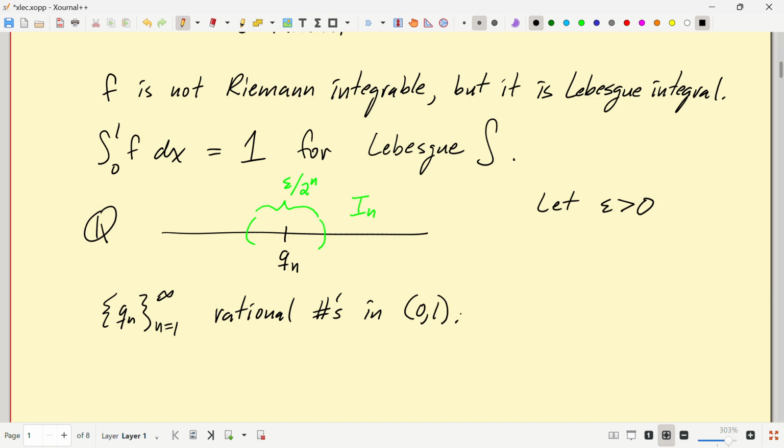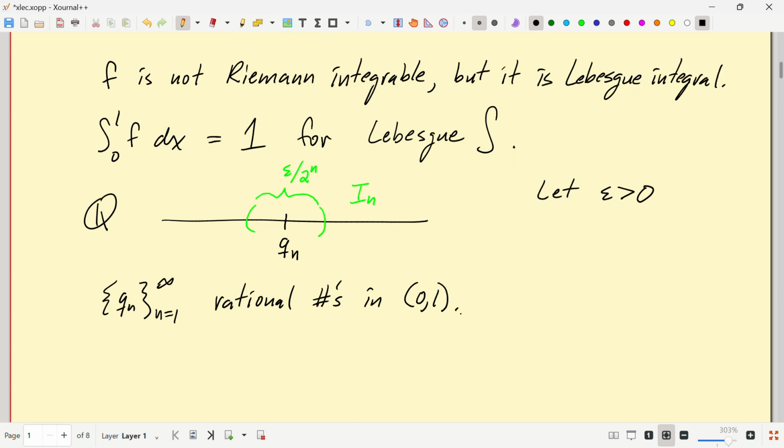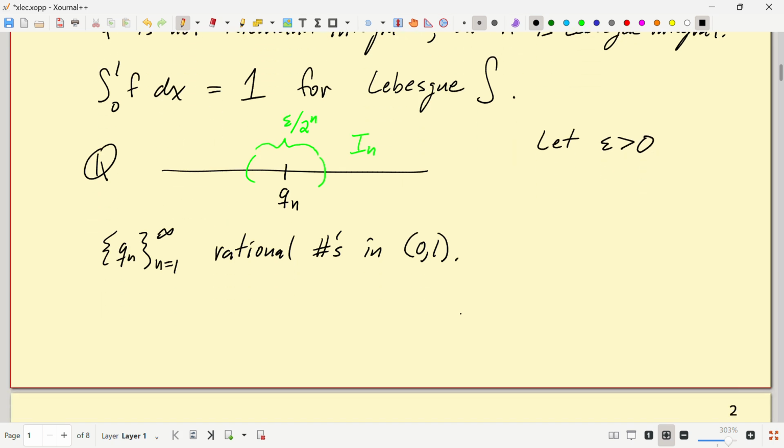And now if I take the union of those intervals, this is what Lebesgue realized: Q intersect [0, 1], and I should include 0 and 1 there, it only adds 2 to the mix, is contained in the union of those little intervals.